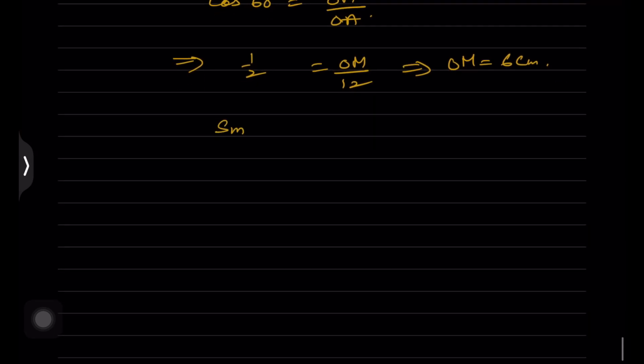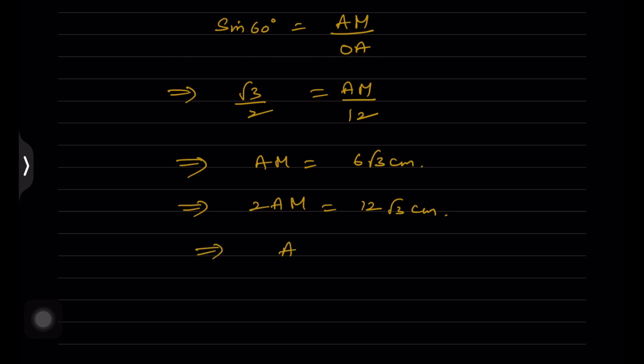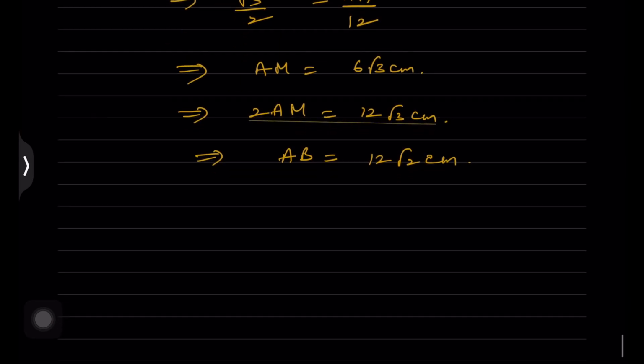Now we also have sin 60 degrees is equal to AM by OA, which implies that root 3 by 2 is equal to AM by 12, which implies that AM is equal to 6 root 3 centimeters. So 2 AM is equal to 12 root 3 centimeters, or AB is equal to 12 root 3 centimeters, because 2 AM is nothing but AB.